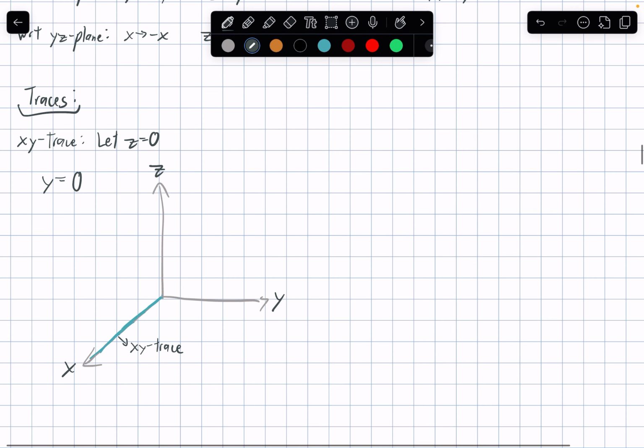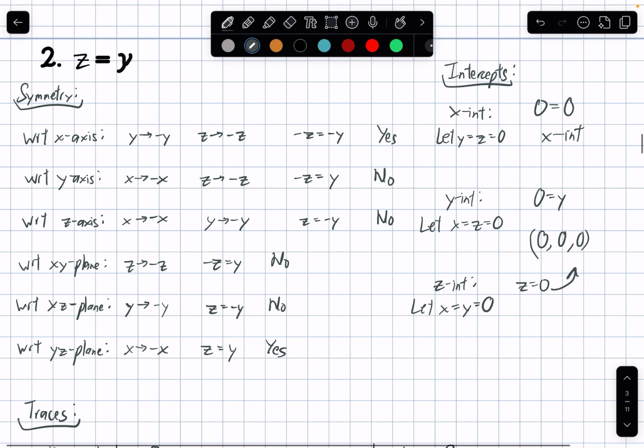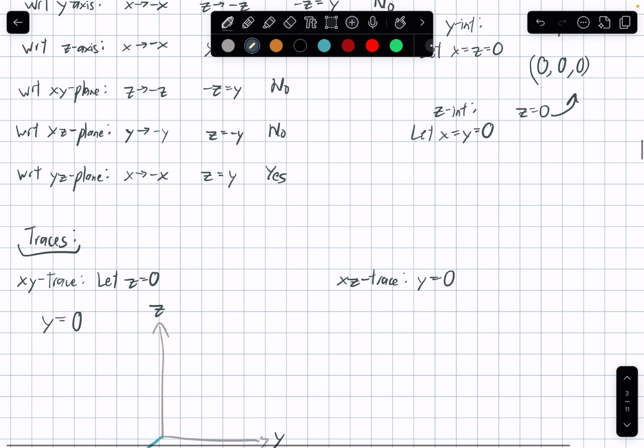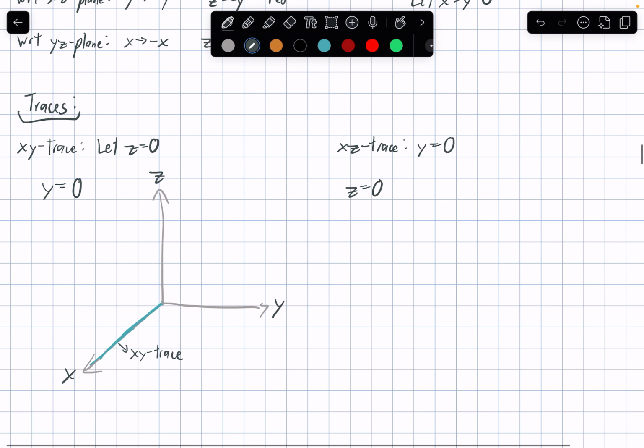We've shown it. Next, xz trace, xyz, y is not mentioned here, so y equal to 0. Going back to the original equation, if y is equal to 0, z is equal to 0. How do we show that?